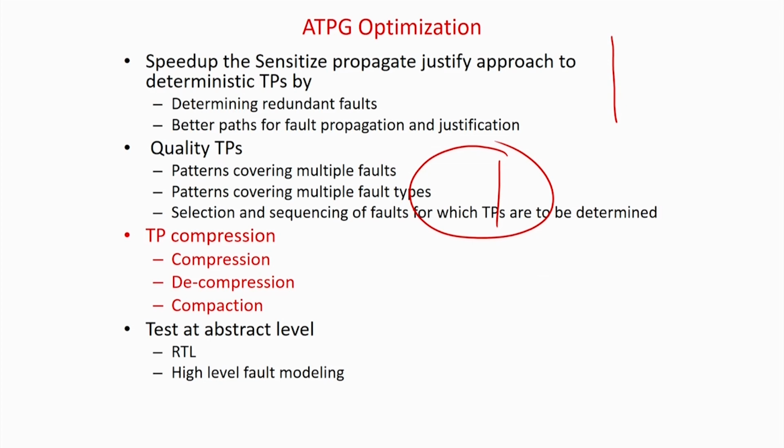We have not emphasized much on that because that is mainly applied when the circuit sizes are small. Otherwise, this is a part of traditional VLSI design and VLSI testing courses. You can take any textbook or any material on CAD and you will find a lot of heuristics which tell you how to find good paths for fault propagation, sensitization and justification, so that you generate the test patterns faster.